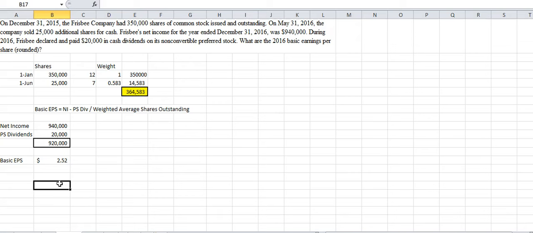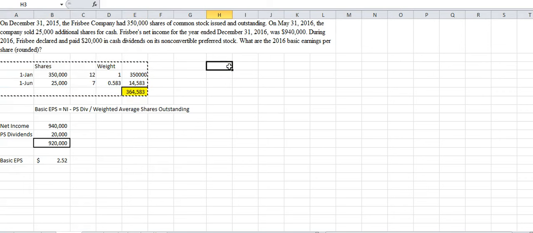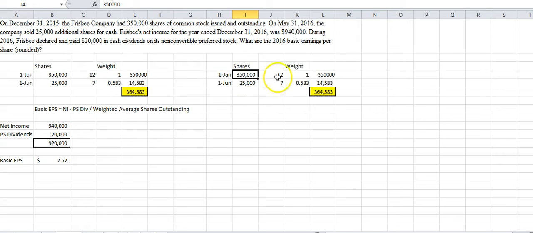Okay. Another way to look at this, maybe for some of you, you could also say that I had 350,000 shares outstanding for the first 5 months, right?